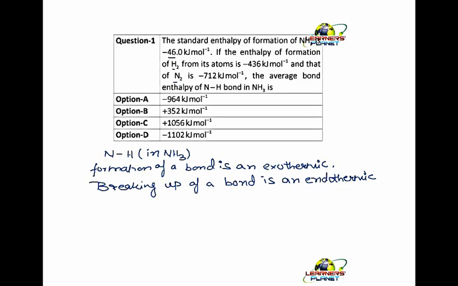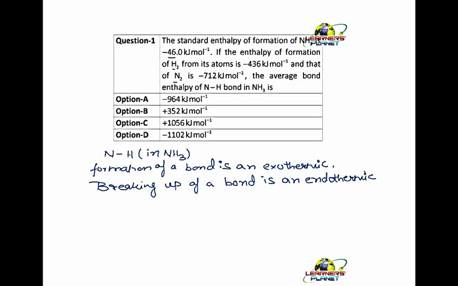So for the formation of ammonia, the hydrogen bond should be broken down and also the nitrogen bond should be broken down.